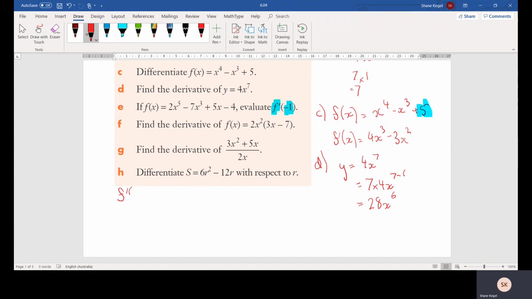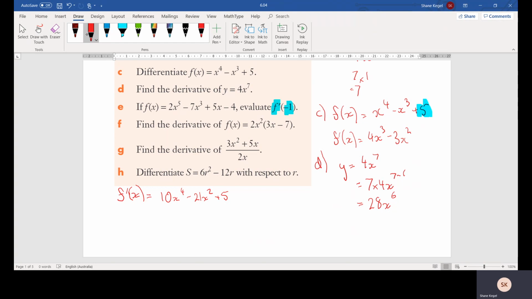I'm just going to go straight to the derivative function. F dash of x equals, pretty simple here, 5 down the front. 5 times 2 makes 10, x to the 4 minus 7 times 3 is 21, x squared plus 5. That's my derivative function. Remember that my constants just get deleted.